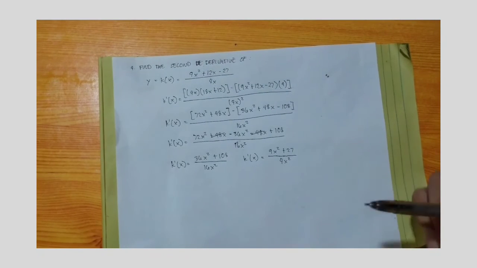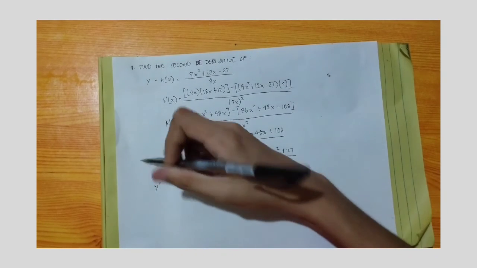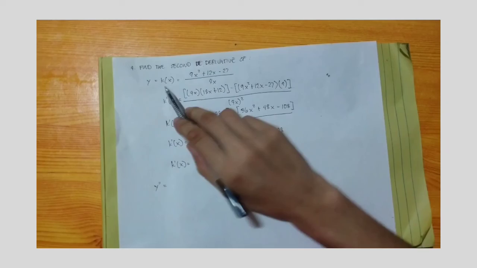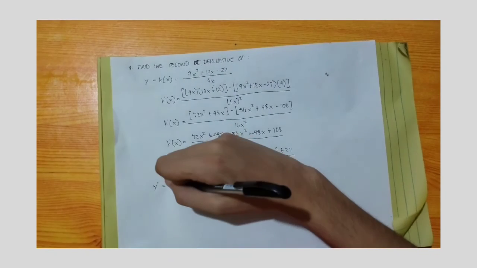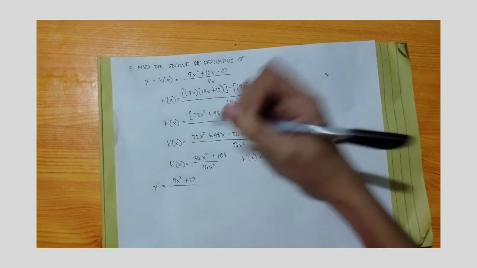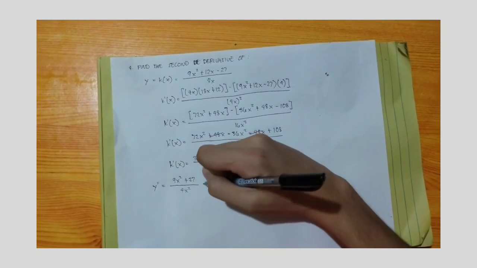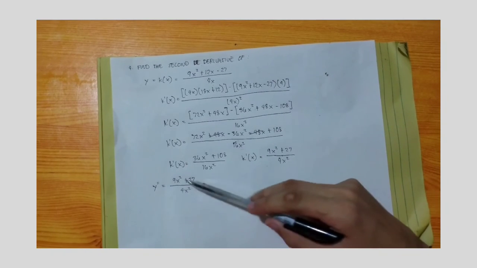We're going to find the second derivative. So we're not done yet. So we will have y prime is equal to, since k of x is just equal to 9x squared plus 27 over 4x squared, we put 9x squared plus 27 over 4x squared. Then we're going to find the derivative of this.